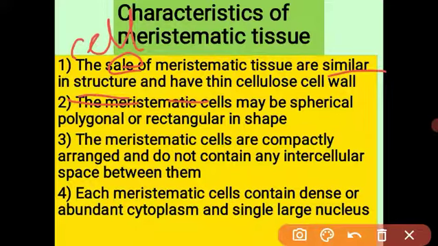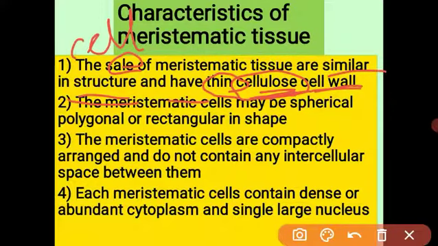In plant tissue only the cell wall is present. In the meristematic tissue the cell wall is thin, and this cell wall is made from cellulose. Understood? The meristematic cells are small and regular in shape. Most of the cells are cubical or rectangular. Got it? The cell wall is thin and made from cellulose.